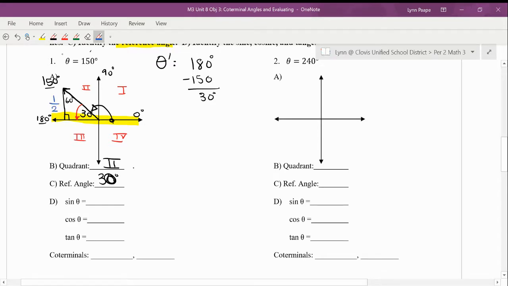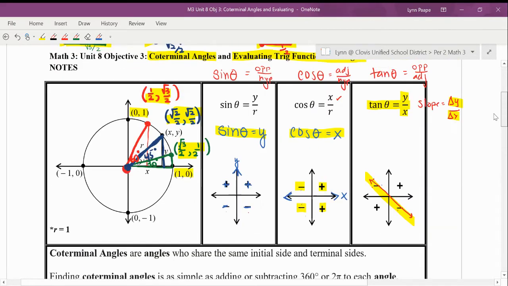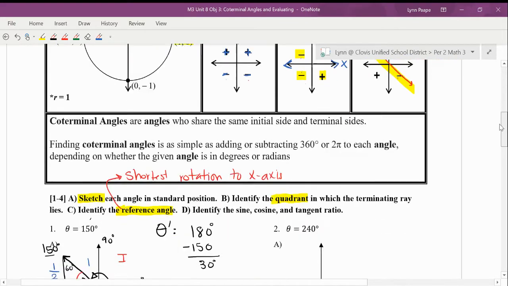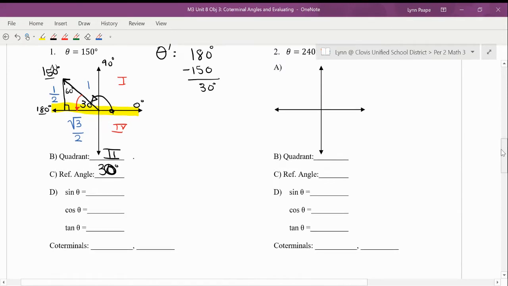Adjacent to the 30 is √3/2. And then the hypotenuse is going to equal 1. Again, if I don't know these, I can always look at previous notes, or at the top of the notes, because we wrote those out as well. So all I'm doing is following those guidelines.